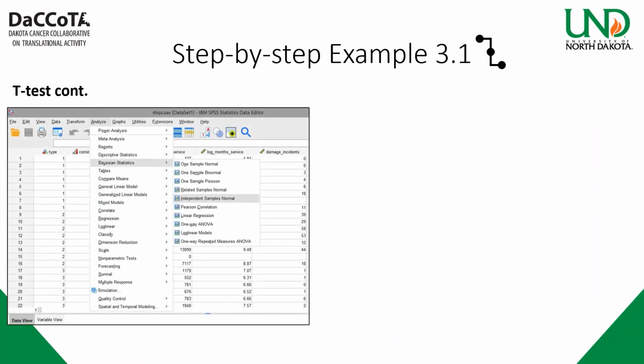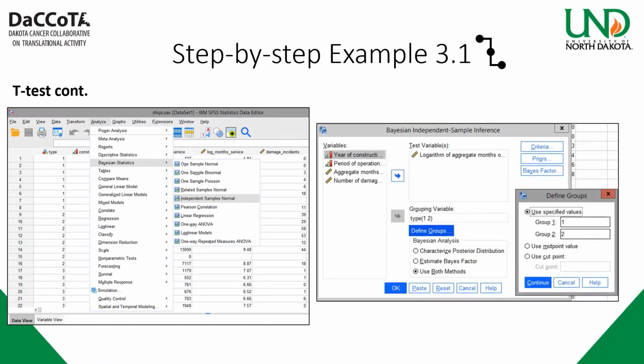To run that, we're going to look at Bayesian Statistics under Analyze, and then Independent Samples Normal. How this will look is we want to set up our test variable as the logarithm of aggregate months, our grouping variable as that type, and then once you get in there, you're going to need to define groups.